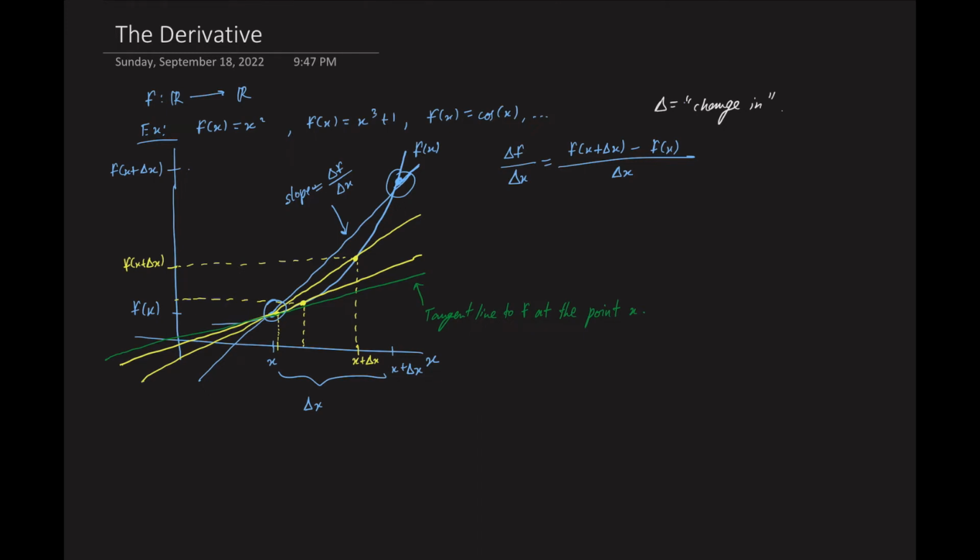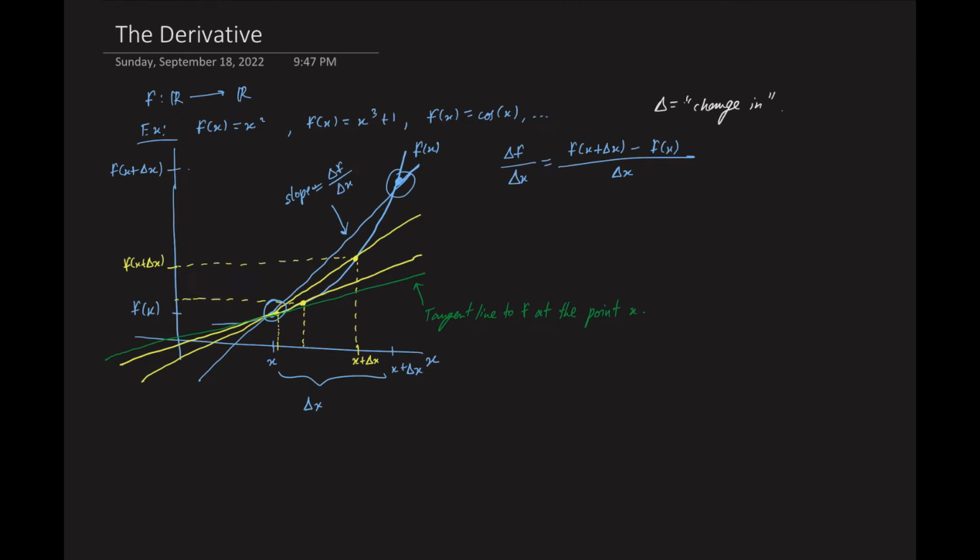And as we keep bringing those 2 points closer and closer together, the line still hits 2 points of the graph of f. But if we were to bring x plus delta x arbitrarily close to x, if we were to take delta x to 0, then this tangent line hits the graph of f at only 1 point locally.